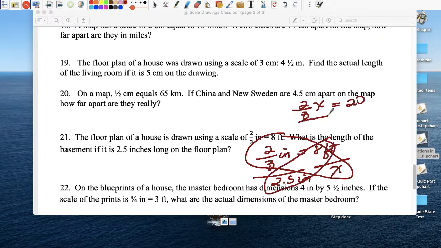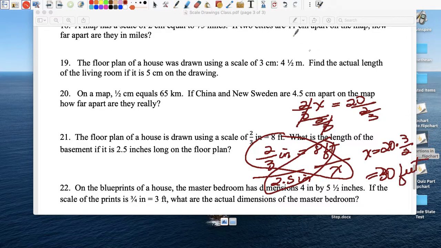Okay, and then we're going to divide both sides by 2/3. x equals 20 times 3 over 2, which is 60, or we can simplify: 20 times 3 is 60, divided by 2 is 30, so we get 30 feet. Okay, is that right?